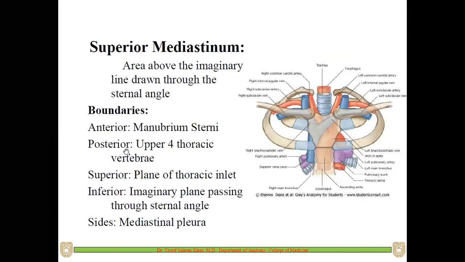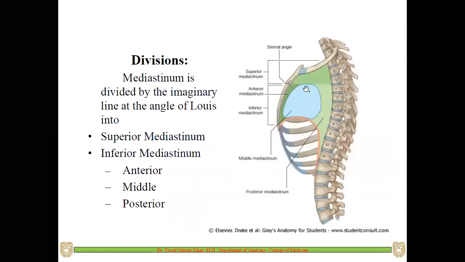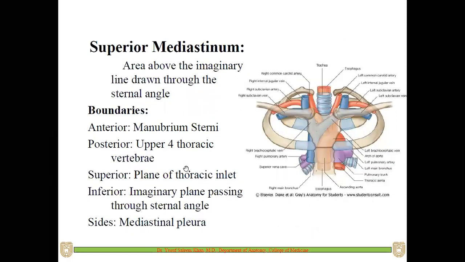Then posteriorly, the upper four thoracic vertebrae. Behind, you see the first, second, third, and fourth vertebrae. Then superiorly, we have the plane of the inlet of the thorax, beside the first rib, which allows structures to enter.